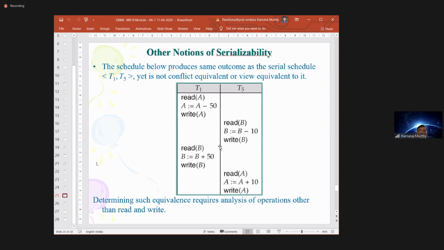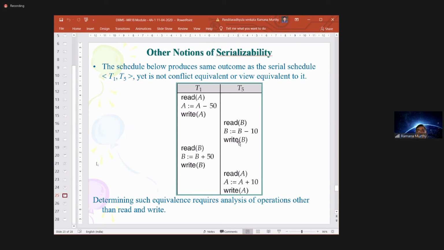Similarly, for these two read and write operations, in order to get all these operations before the start of the other transaction's operations, you need to swap these operations. But here, both the read and write operations are performed on the same data element.